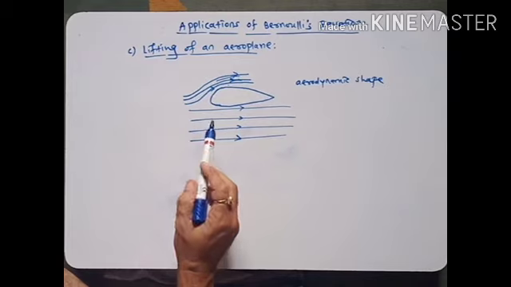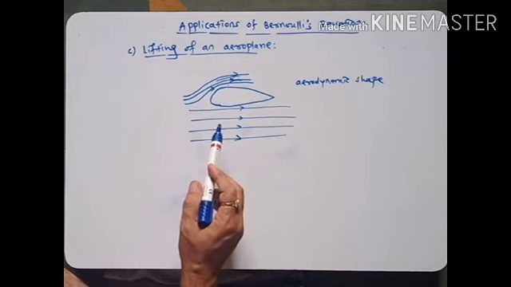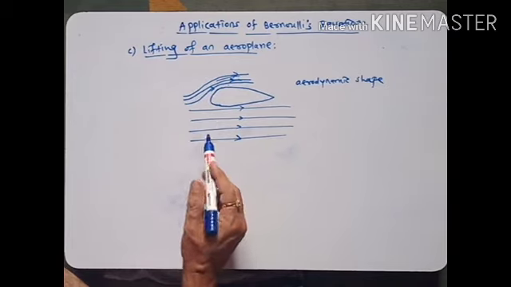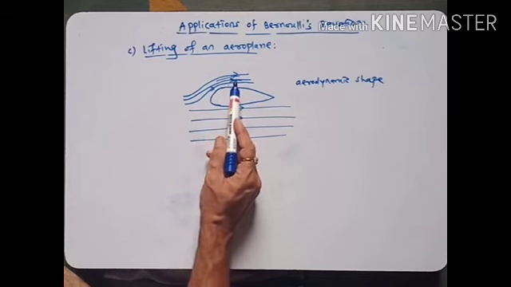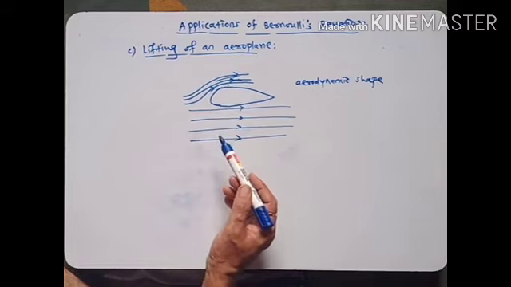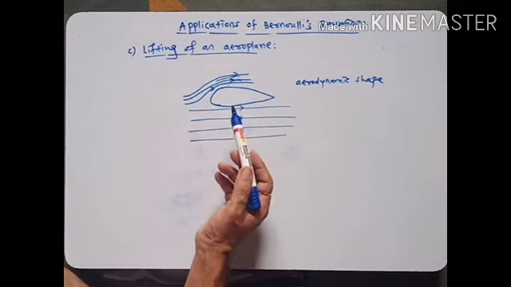Compared to those below the wings, the air above the wings moves faster. And according to Bernoulli's principle, the pressure above the wings decreases.